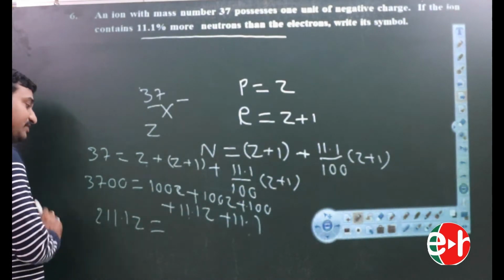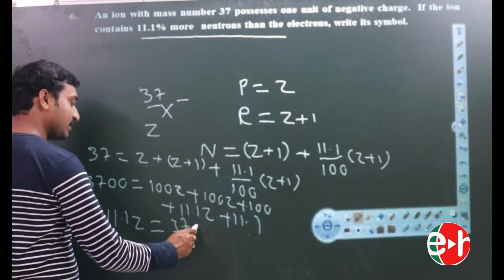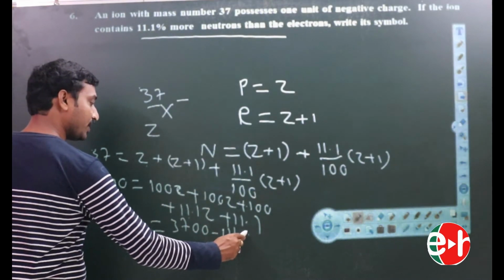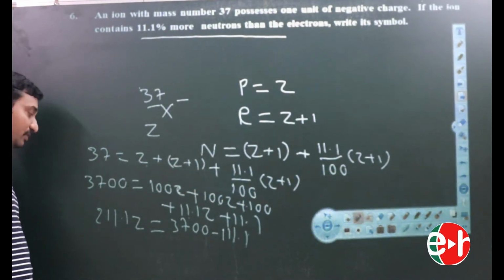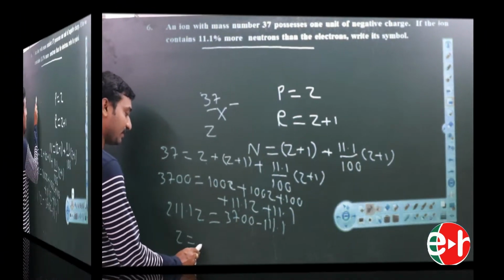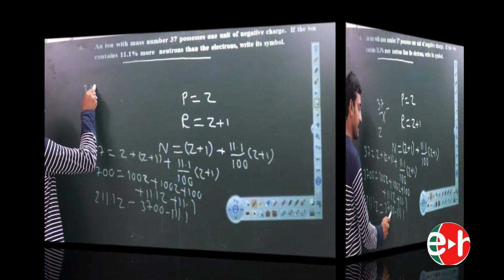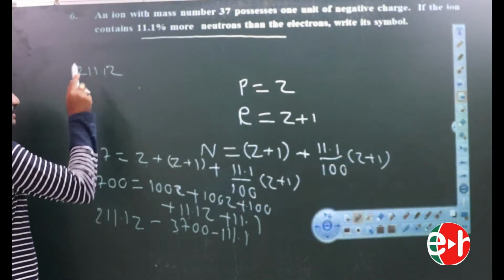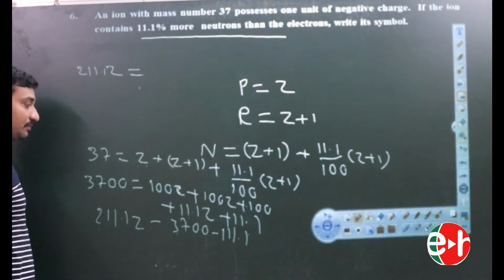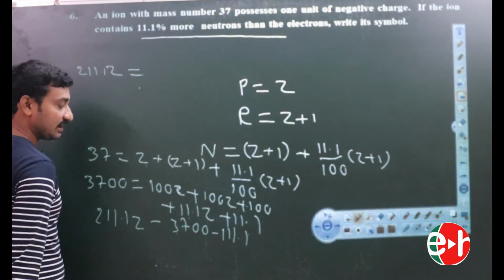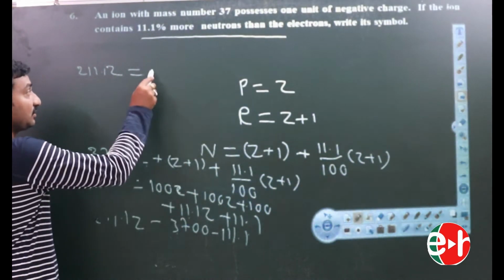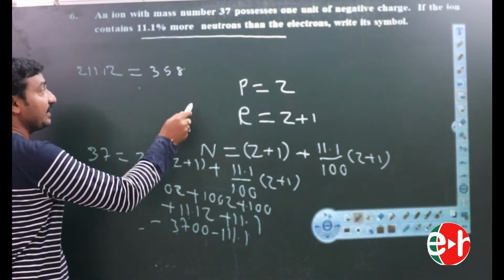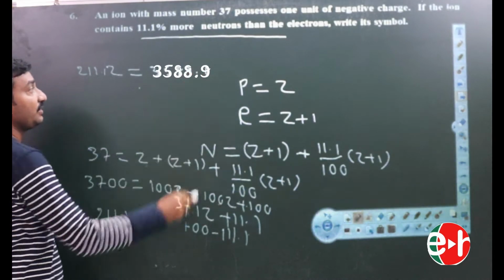111.1, send to the left side. Then 3700 minus 111.1 is 3589.1, so 211.1Z equals 3589.1.